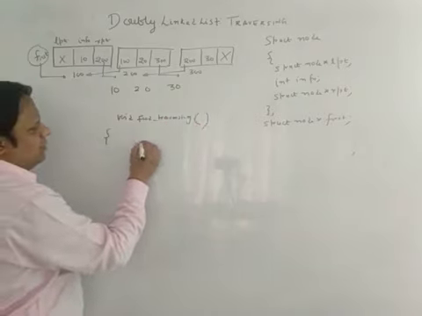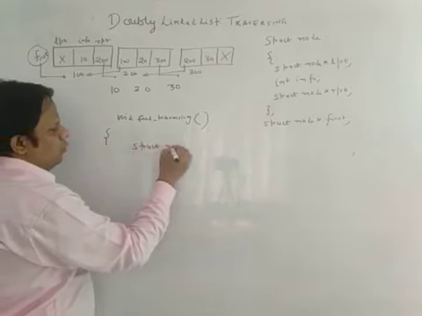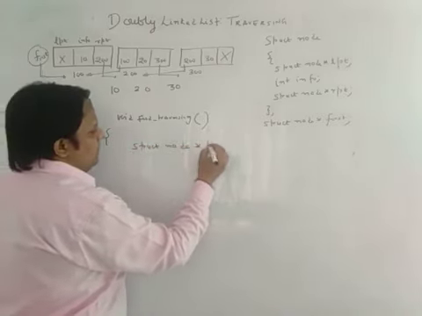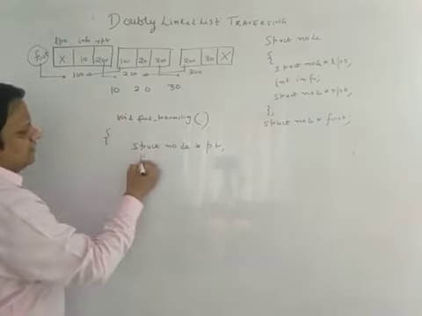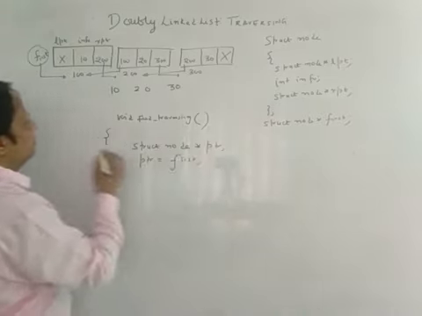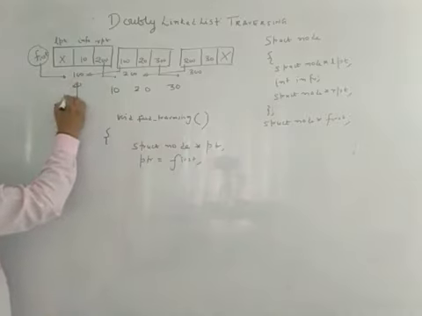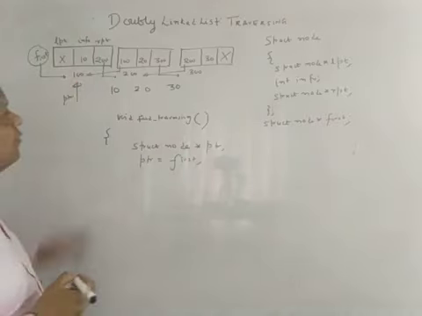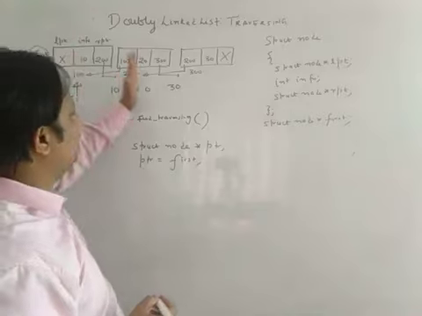I am taking a pointer, struct node *ptr, and I am assigning the address of the first node to this pointer. So this is my ptr. Now I want to print the values 10, 20, 30.